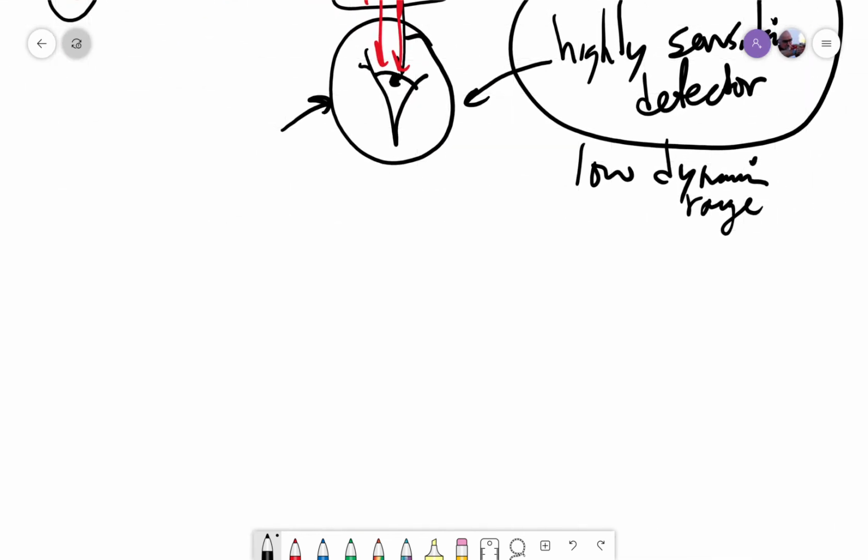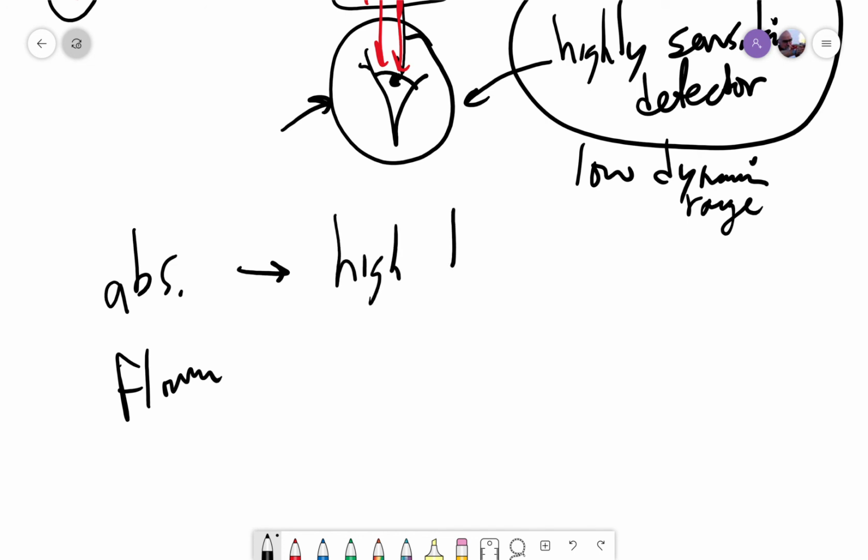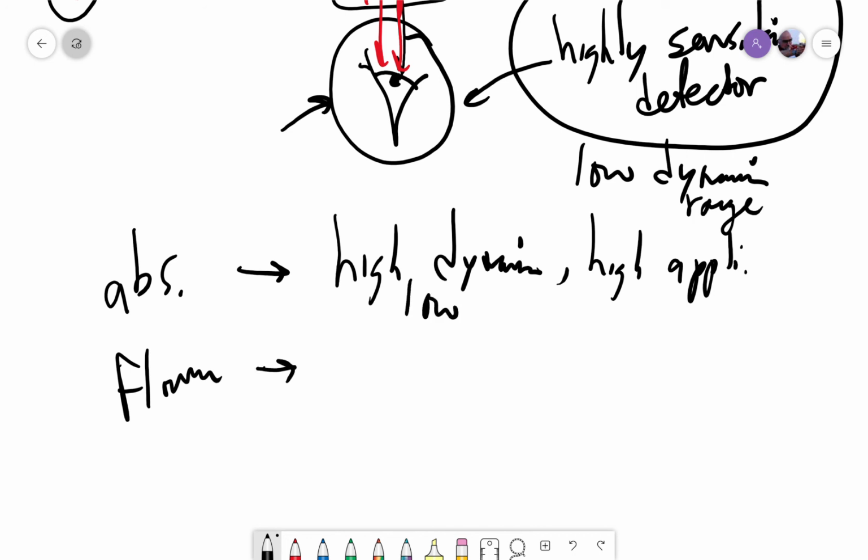This means if you're looking at absorbance versus fluorescence, absorbance has high dynamic range because of its geometry. It has high applicability because everything absorbs, so you can use it for pretty much everything. It has low selectivity because, like I said, everything absorbs.